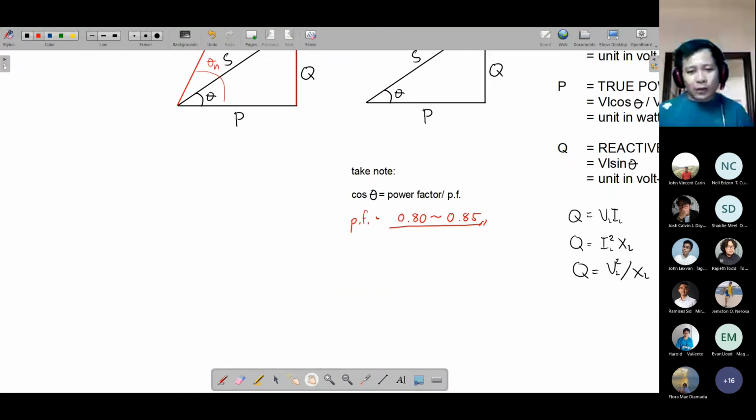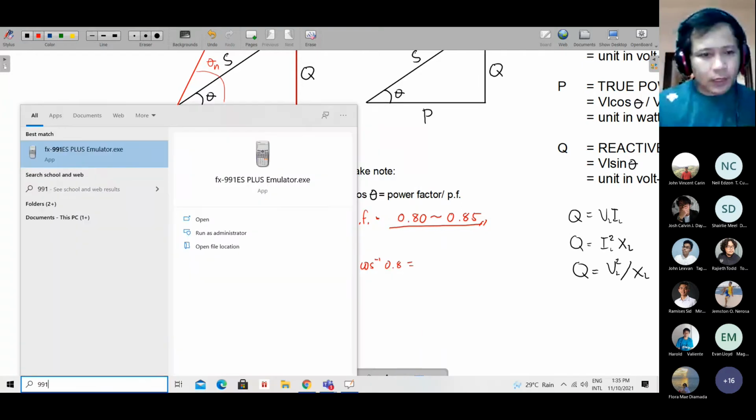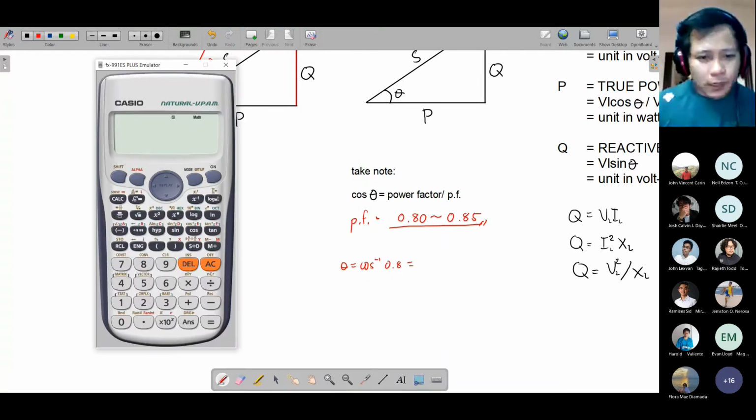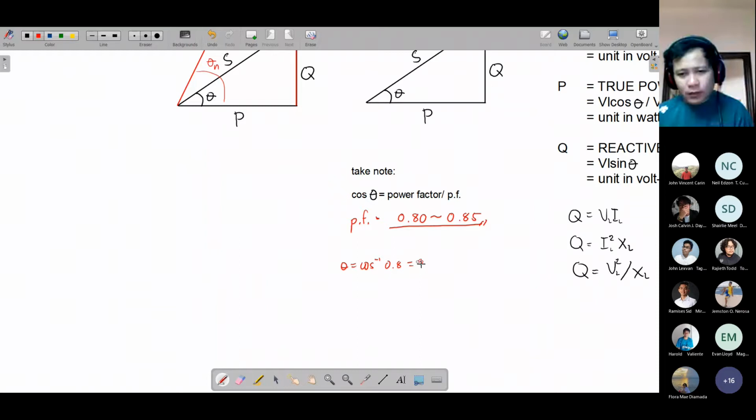Kung 0.8 atong gamiton, so angle na is arc cosine sa 0.8. That would be 36.87 degrees.